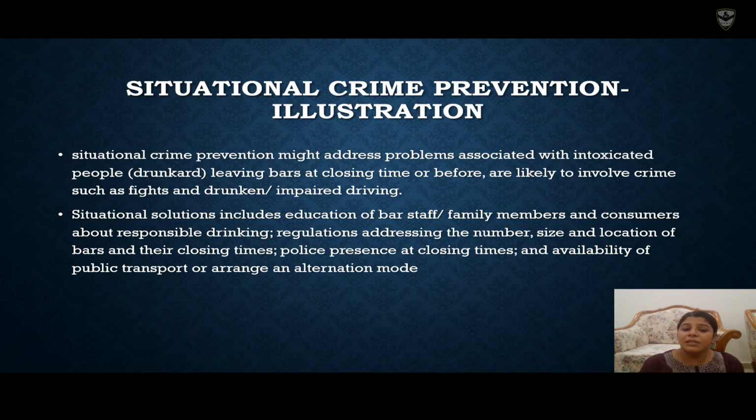And the next is availability of public transport, or trying to find an alternative mode, for example using Uber, taxi or Ola. All of these alternative methods can be used for traveling. So this is an illustration, and one of the best examples that can help us in understanding the situation.